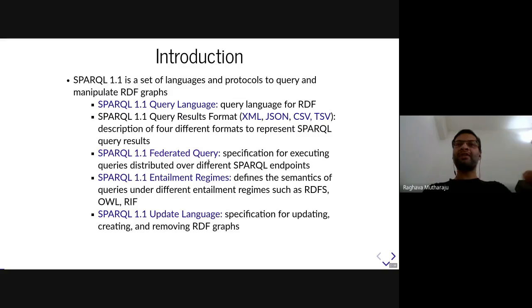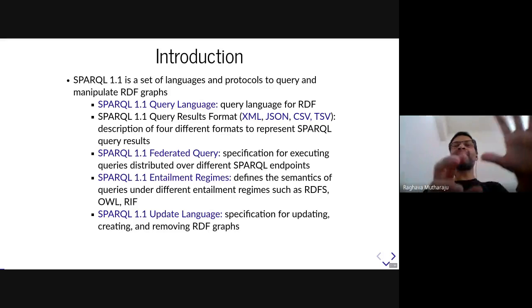We won't be talking about it here, but if you are interested, you can go over these different aspects. The other one, pretty recently introduced in SPARQL 1.1, is the entailment regimes. This talks about inferences. We briefly talked about inferences in my session on the very first day.